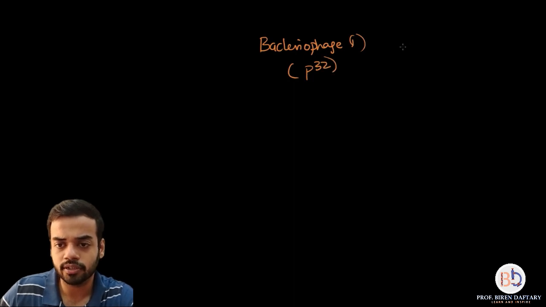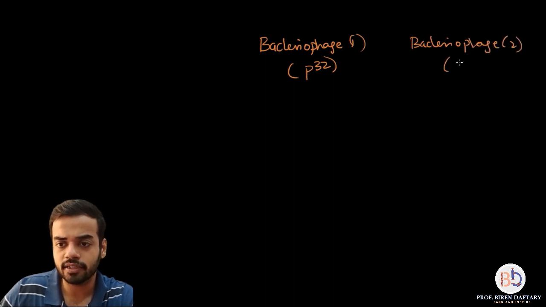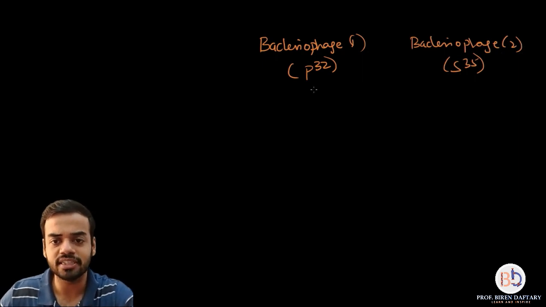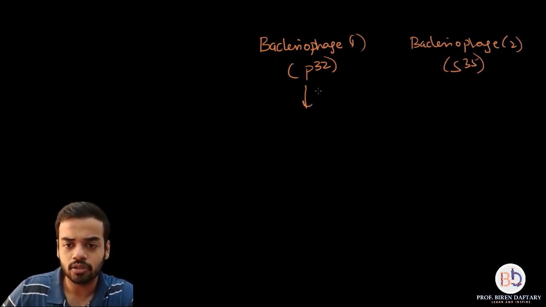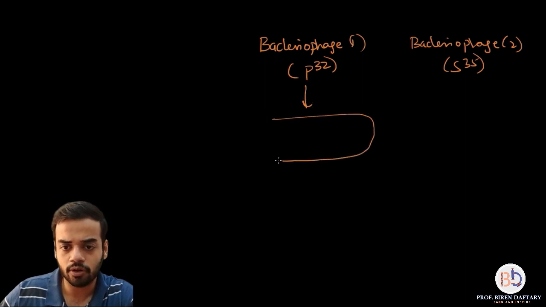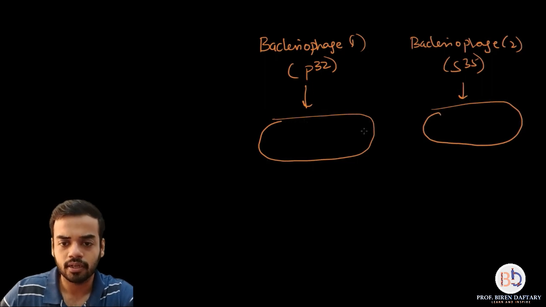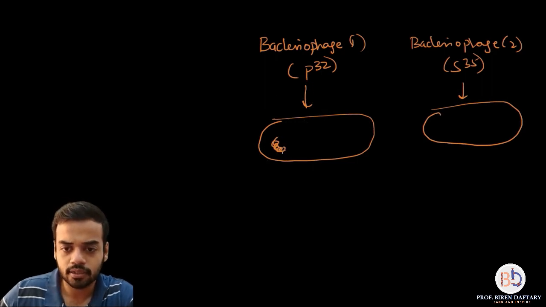Bacteriophage 1, labeled with P32, and bacteriophage 2, labeled with S35. They are allowed to infect E. coli. What is E. coli? E. coli is a bacterium. One E. coli over here, another E. coli over here. Let this be the nucleoid of the bacterium.